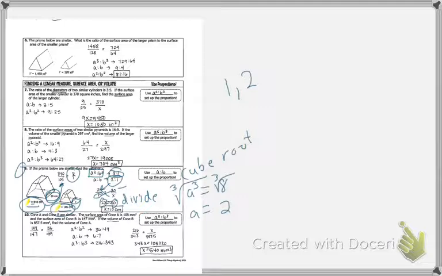Let's go with 4, 5, 12, 14. 1, 2, 3, 4, 5, 6.